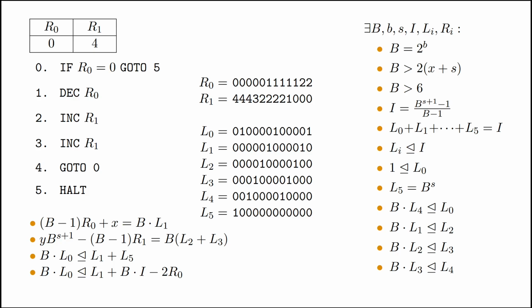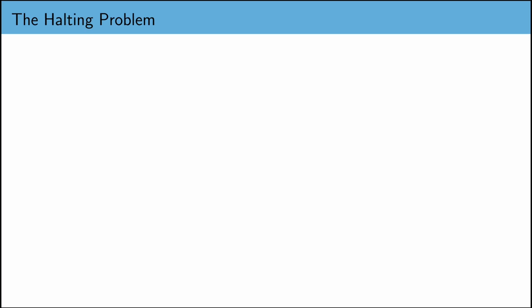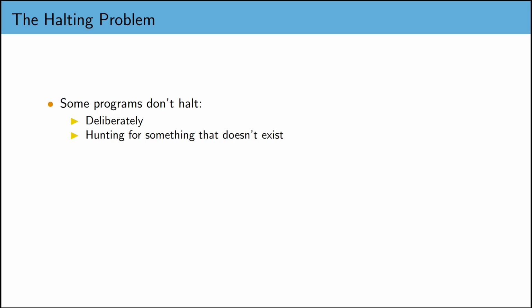That's pretty straightforward. You just hunt for solutions to your Diophantine system, and as long as you know they're out there, it's perfectly fine. I want to take a moment to talk about what happens if we try to translate a program that doesn't halt. There are plenty of reasons why a computer program might not halt. Maybe we detect some condition happening and deliberately jump into an infinite loop. Or maybe we're hunting for something that doesn't exist, but we don't know it doesn't exist.